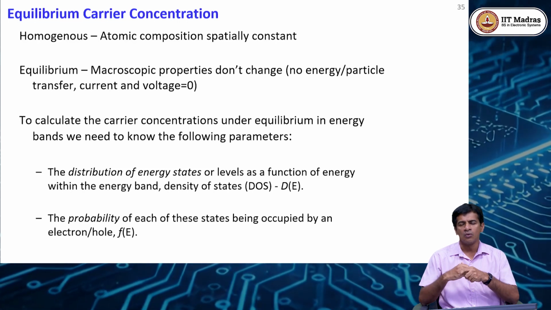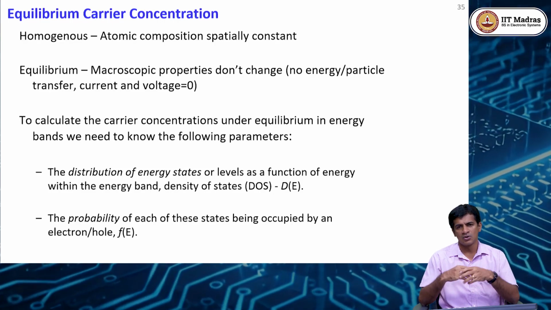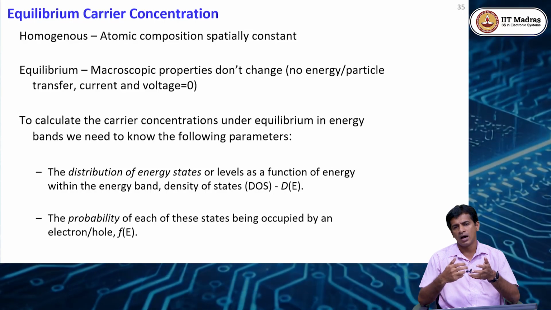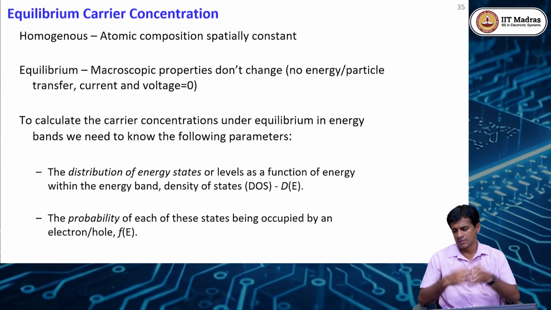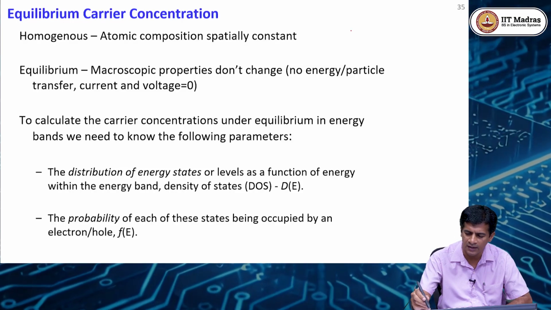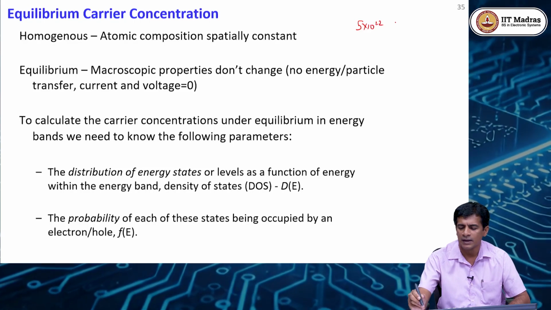So now let us try to calculate how many electrons and holes there are at equilibrium in a piece of semiconductor. We saw that the atomic density of silicon is 5 times 10 to the power of 22 per centimeter cube.